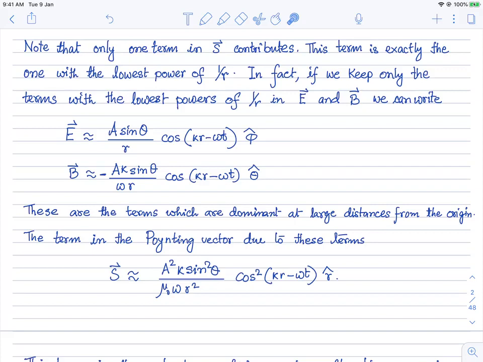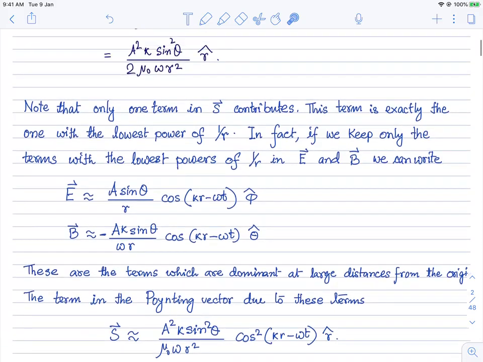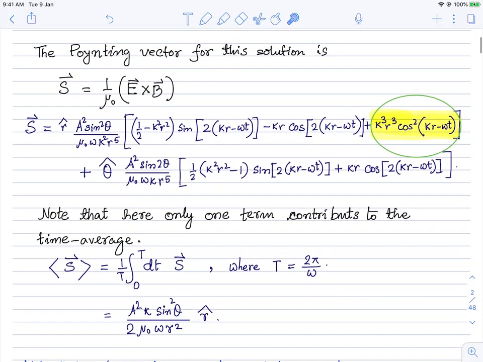And so these are the terms in the electric field that are important even at distances far, far away from the origin. Presumably, as you can see, the electric and magnetic fields are ill-behaved at the origin because of this R, they go as 1 over R. So presumably something is happening at the origin.